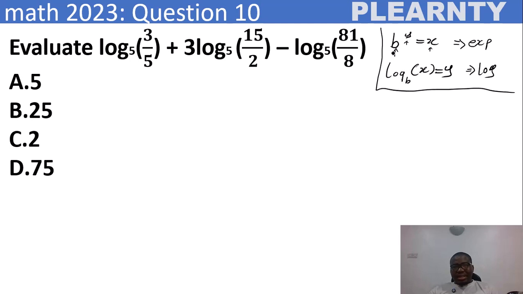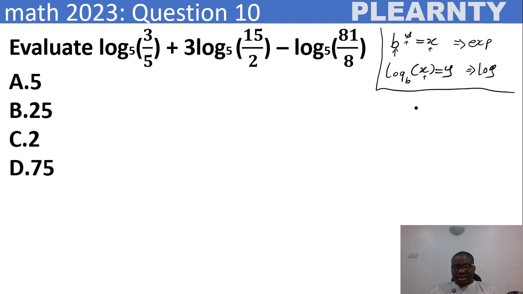So the same base, let's say you have log base 3 of 9, then what it means is: what power will you raise this 3 by for you to get 9?